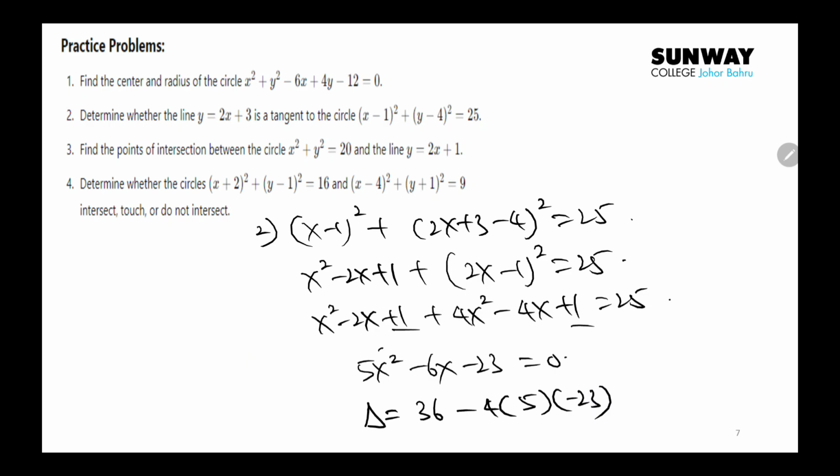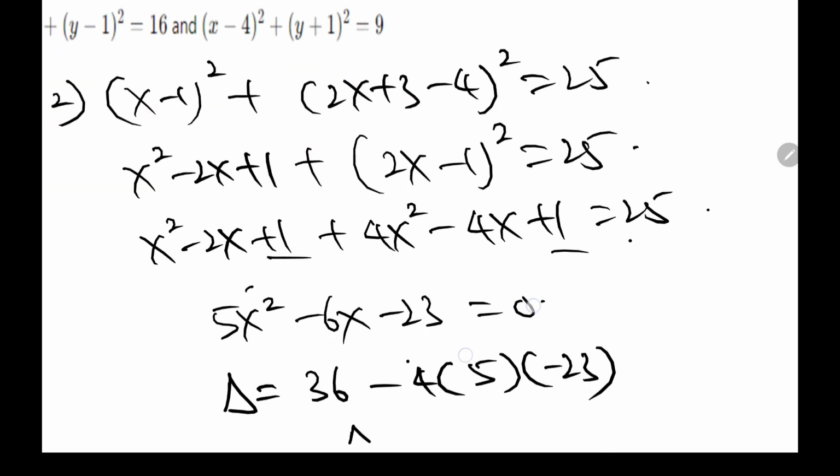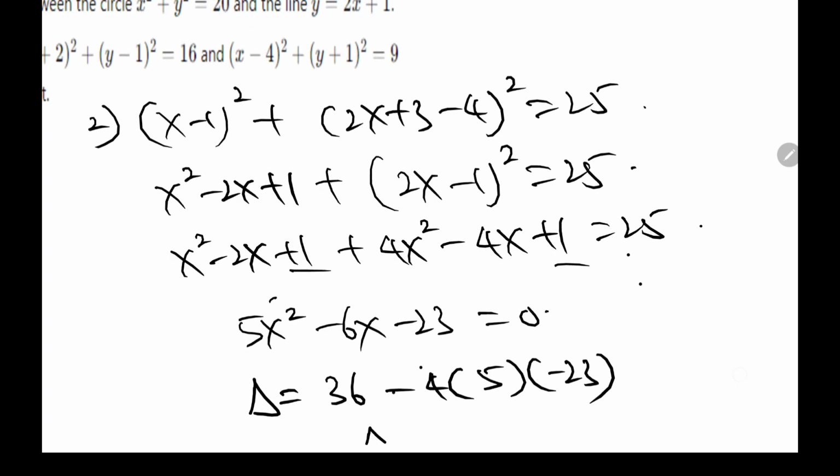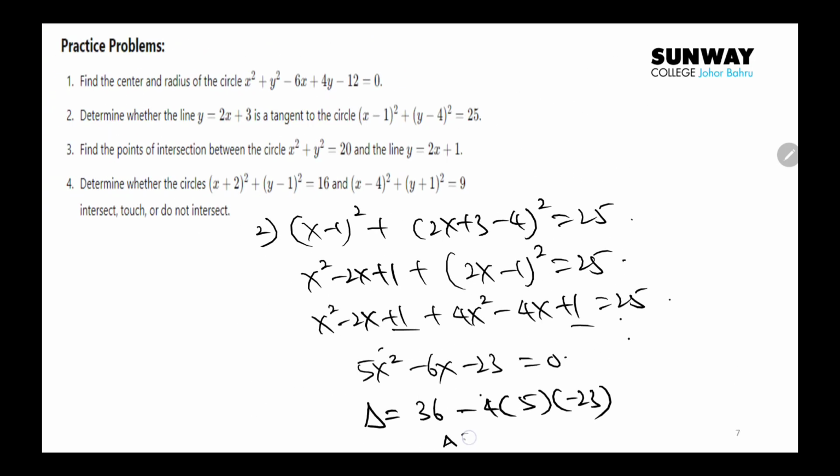We can calculate it. And the discriminant test suggests to us that it is a value bigger than 0, therefore it is not a tangent. If it is a tangent, the discriminant should be 0, right? If it's bigger than 0, it is a chord.